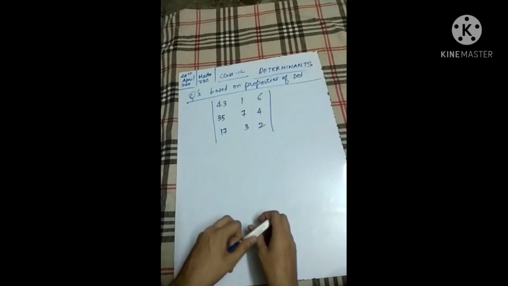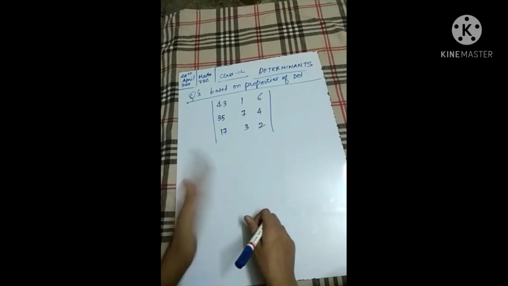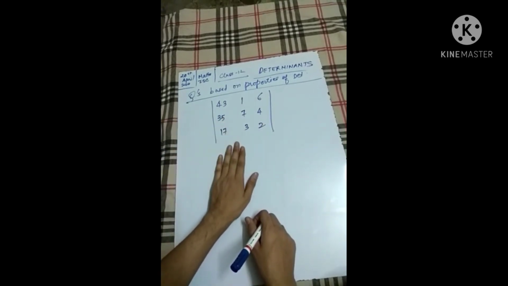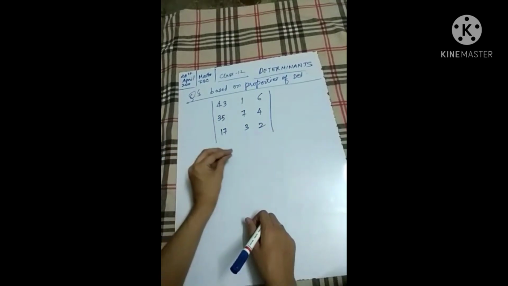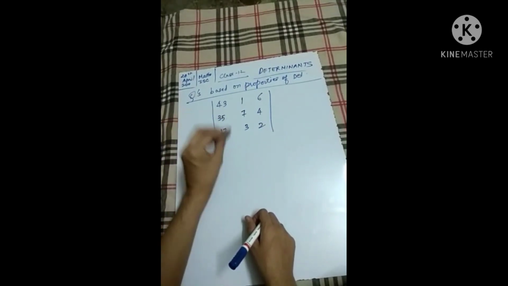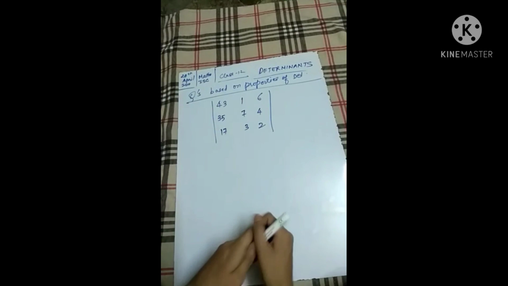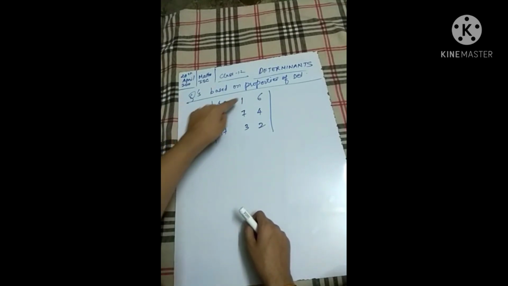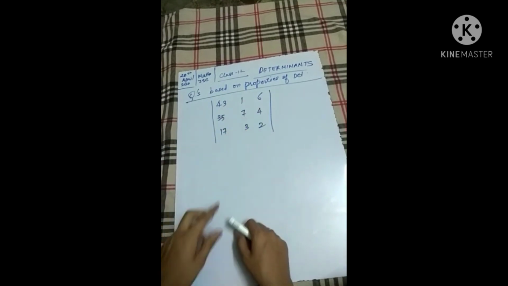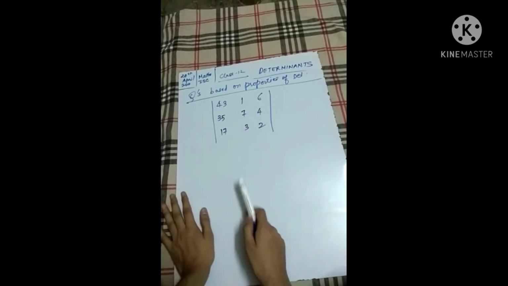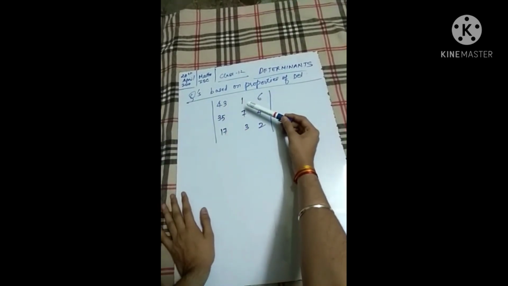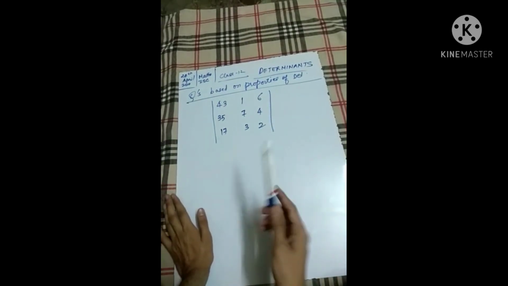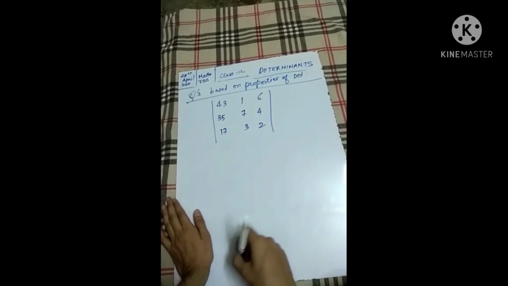In this question, without expanding, we have to use a property and find the value of this determinant. How can we do that? We see that this is 43, 35, 17, this is 1, 7, 3, 6, 4, 2. One property says that if you have two columns or two rows the same, then the value of the determinant becomes 0.